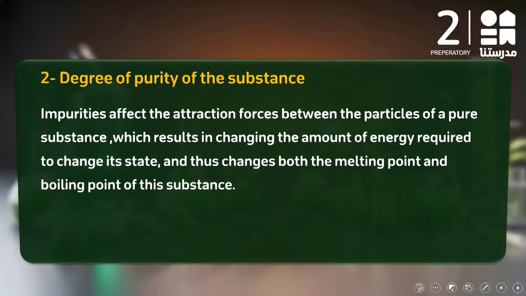Impurities affect the attraction force between the particles of a pure substance, which changes the amount of energy required to change its state, and that changes both the melting point and boiling point of these substances. So the impurities found between the particles affect the boiling point and the melting point of water.